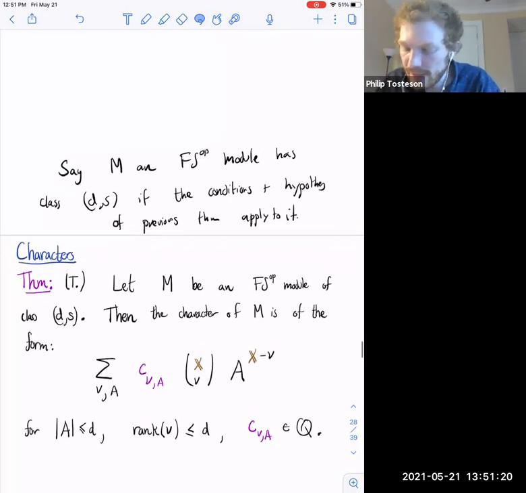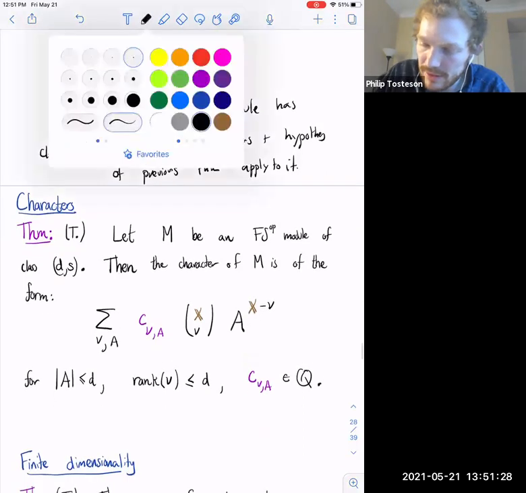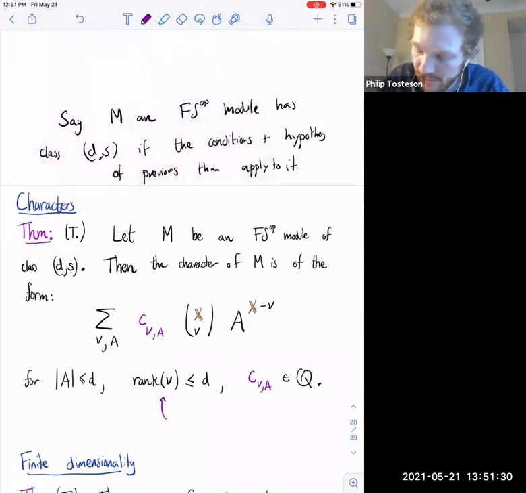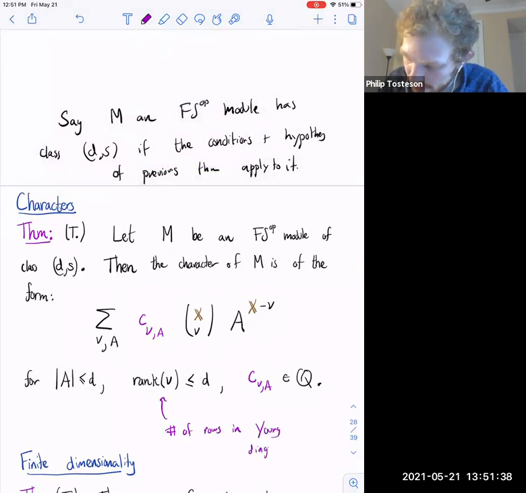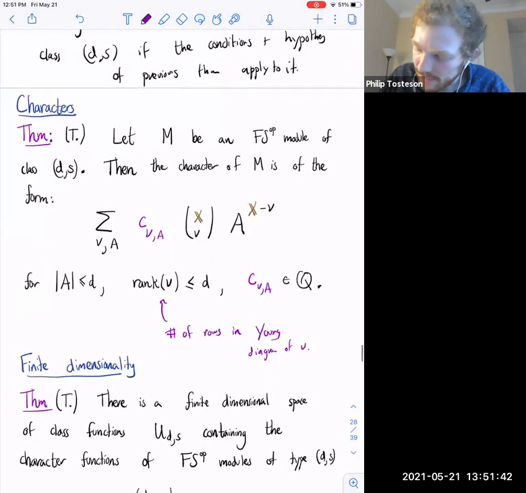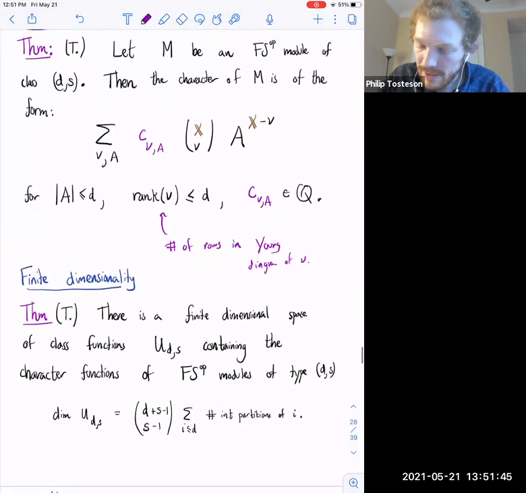It turns out this sum is actually not a finite sum because I haven't bounded the size of nu, I've only bounded its rank. The rank of nu is the number of rows in the Young diagram of nu. So that's the first theorem.